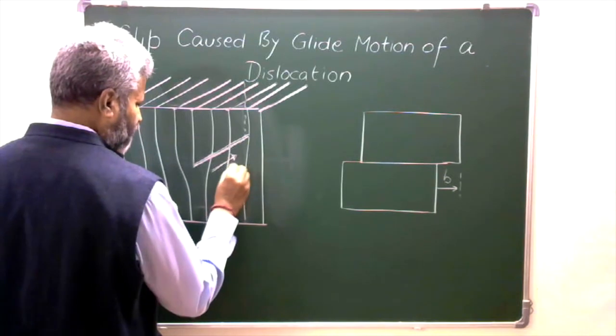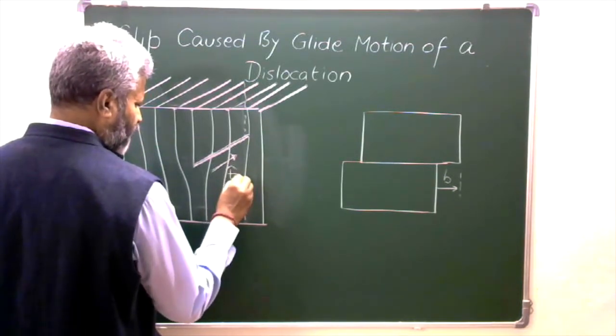That's the so-called tangent vector, which I represent by t hat.